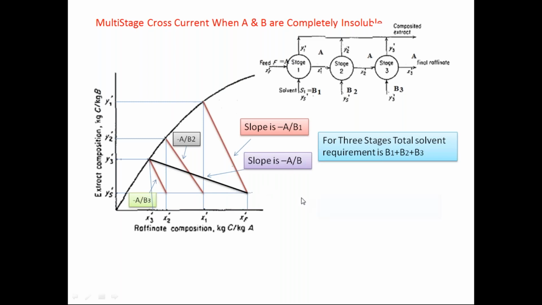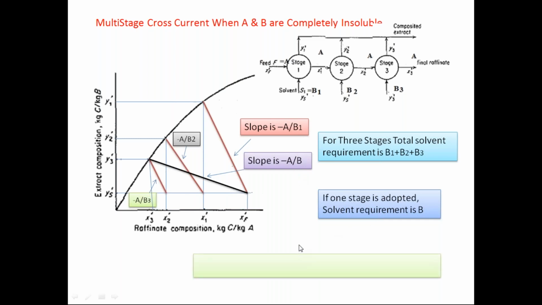Therefore, if one stage is adopted, solvent requirement is what? B. Instead of B1, B2, B3, you have used the B. So this B value, if you compare, would be much, much greater than the summation of all the solvent requirement values in all these stages.